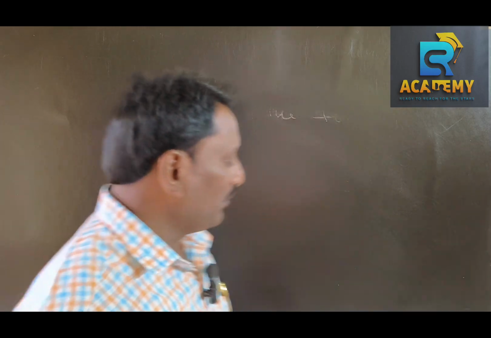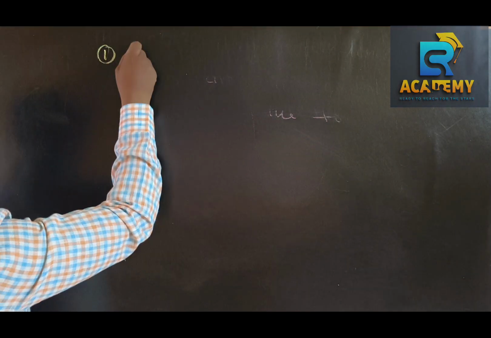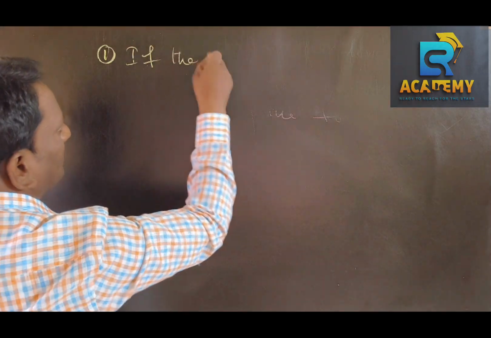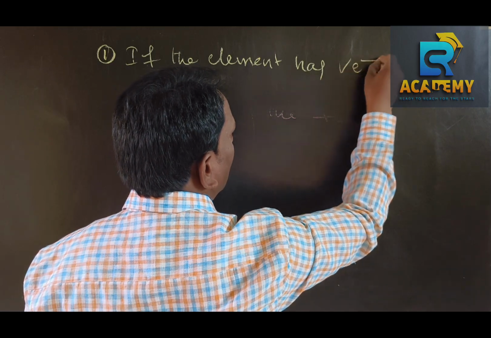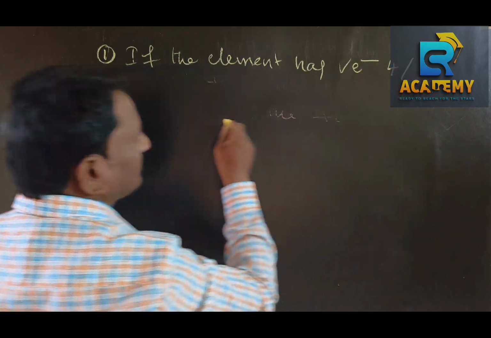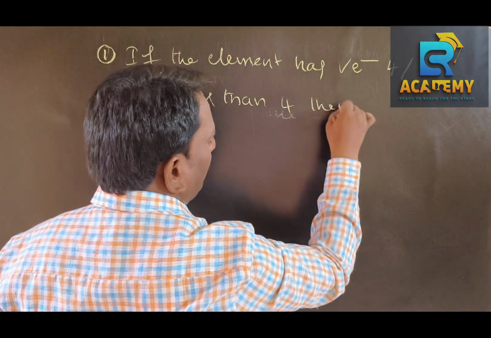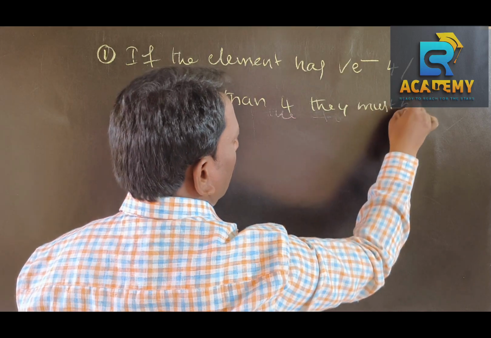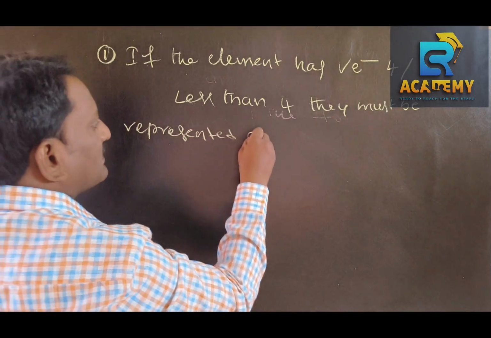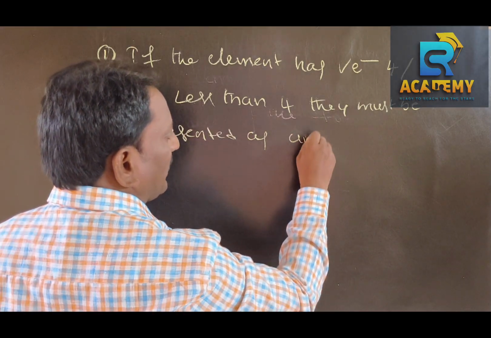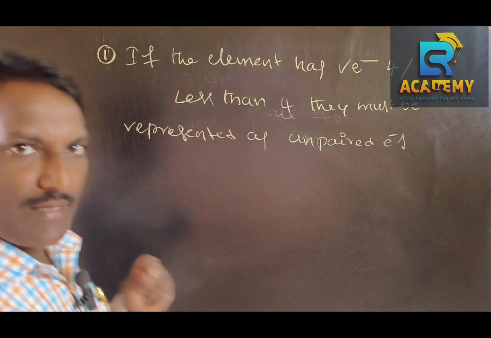Rule number 1: if the element has 4 or less than 4 valency electrons, they must be represented as unpaired electrons.